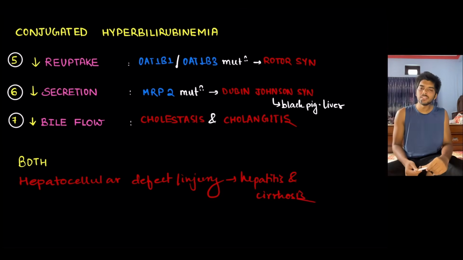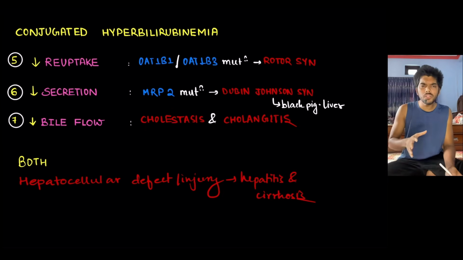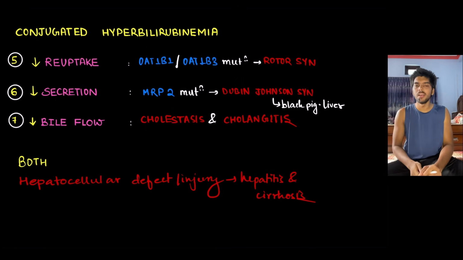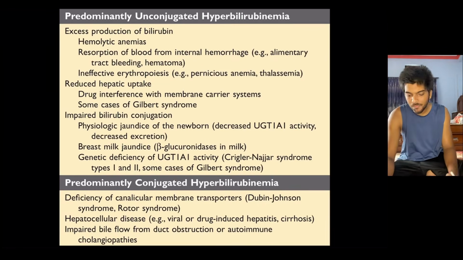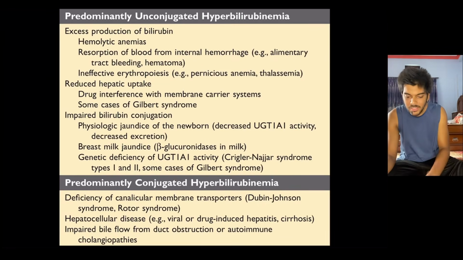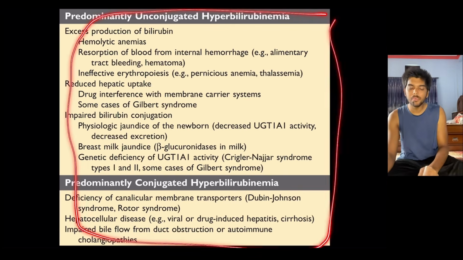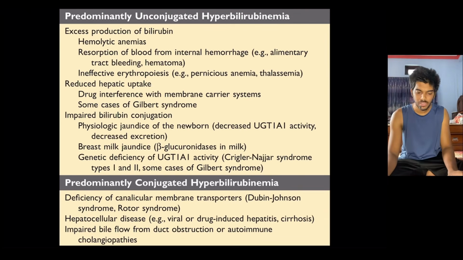In hepatitis, cirrhosis, any sort of hepatocellular defect like chronic liver disease, right? There is an increment of both conjugated and unconjugated bilirubin. Okay, so every point that I have mentioned has been mentioned in this table, and this table is from Robbins. So every point I have said is indeed from Robbins.